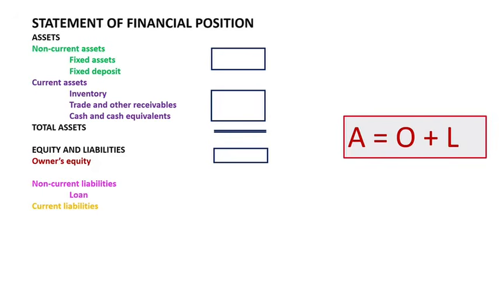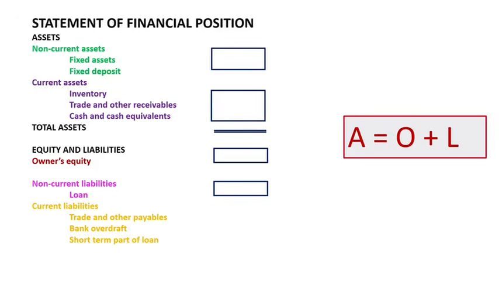Non-current liabilities, that will be your long-term loan. Current liabilities, trade and other payables, bank overdraft must be shown separately on the statement. The moment that your bank is in the negative, it's not an asset anymore, it becomes a liability. So it moves from current assets to current liabilities.